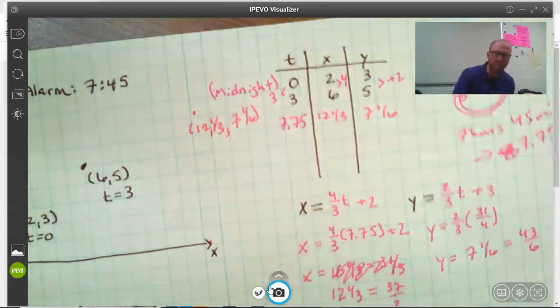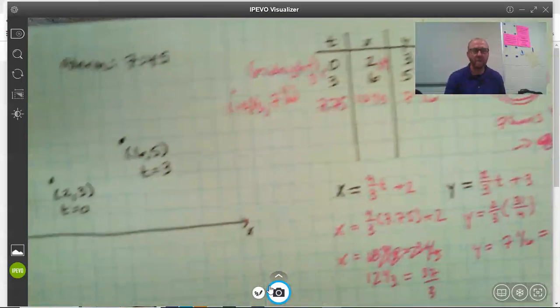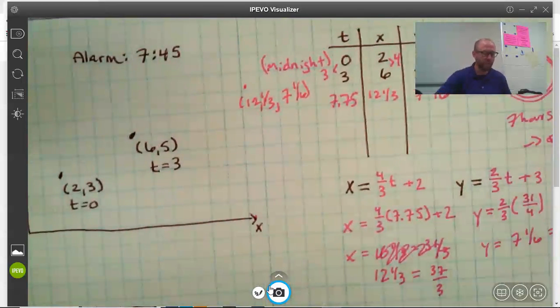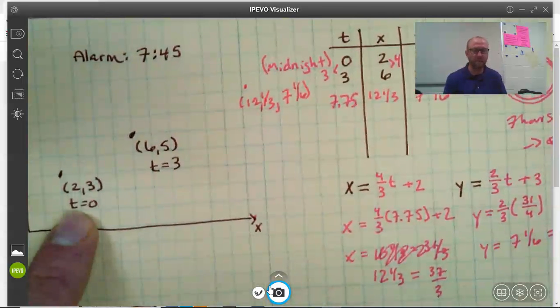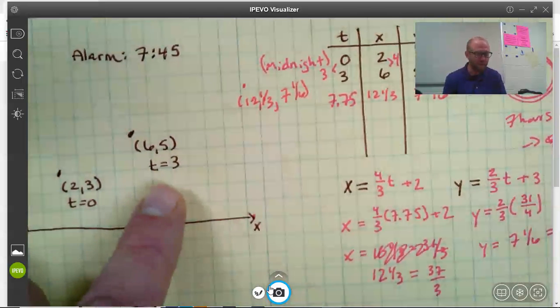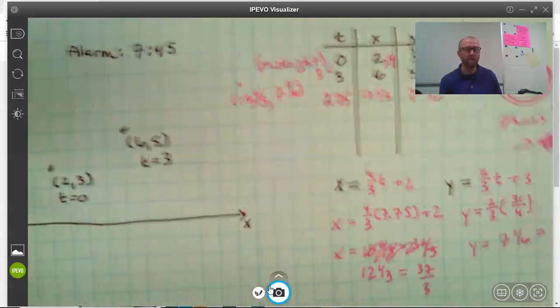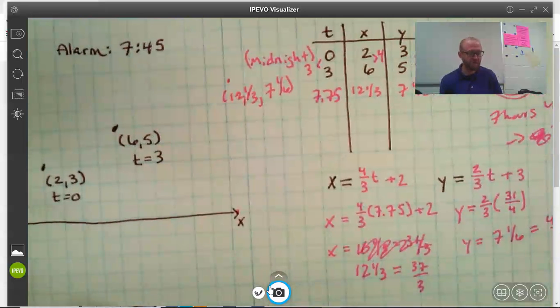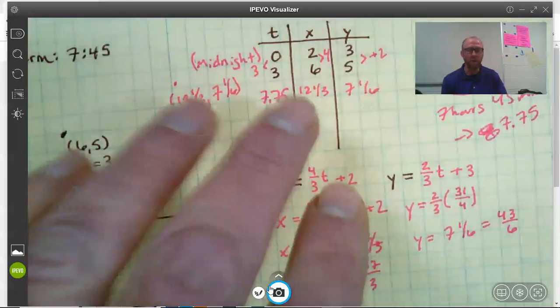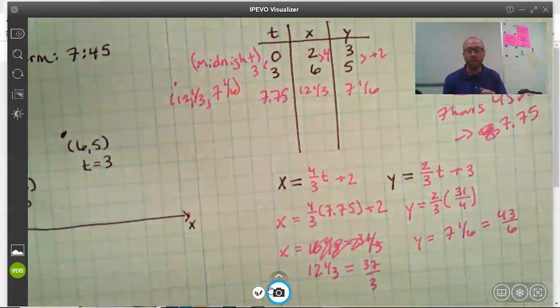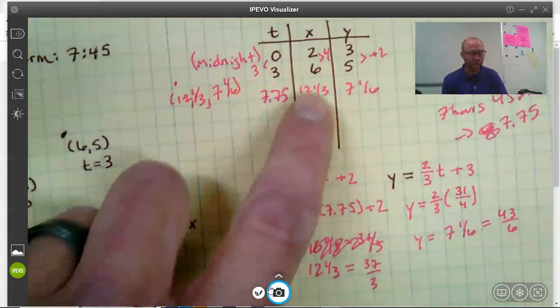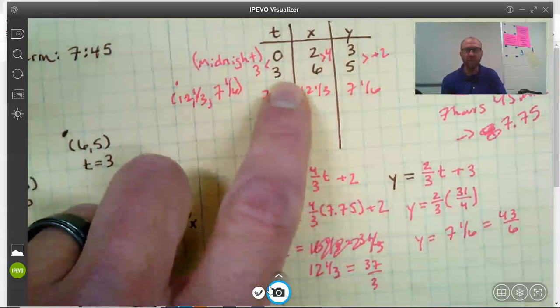So again, just to go over the problem, we knew the bug was at time 0 at the point (2, 3), and then at time 3 it was at the point (6, 5). We wanted to know where it would be at 7:45, so we had to start out by figuring out what was the function that was determining our x and y coordinates. So we had to write our rule by first looking at what was basically the slope of this relationship between t and x.